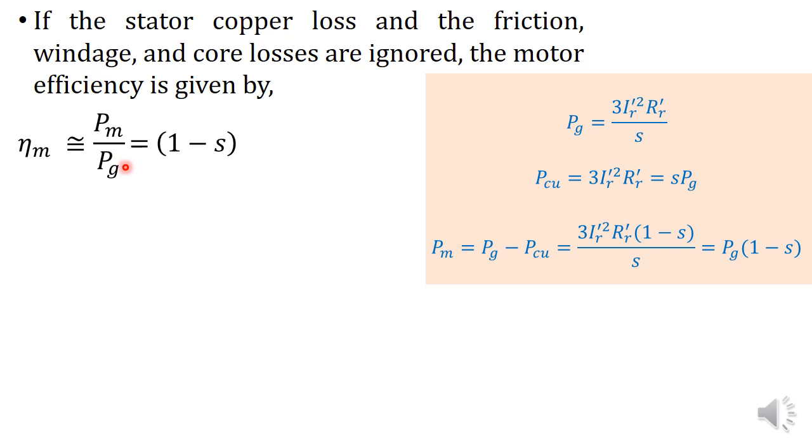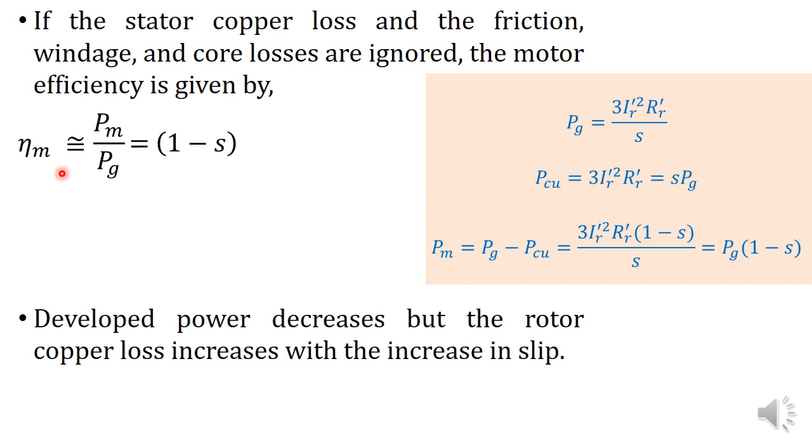Actual efficiency is the output shaft power divided by stator input power. But here we have written PM by Pg is equal to 1 minus S, by substituting the expressions for PM as Pg into 1 minus S. So from these expressions of PM, PCU, Pg and efficiency, we have some conclusions.